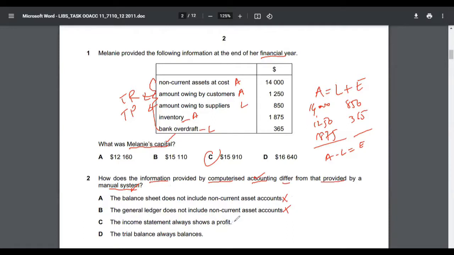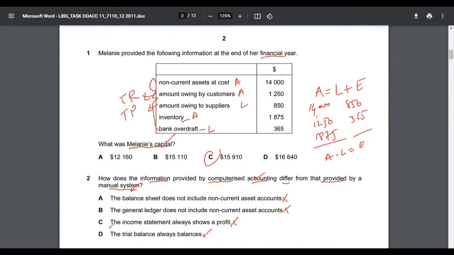The income statement always shows a profit. No, this is not necessarily true. An income statement can have a loss whether it's a computerized accounting system or a manual system. The trial balance always balances. Yes, this would be the correct option because A, B, and C are incorrect anyway.